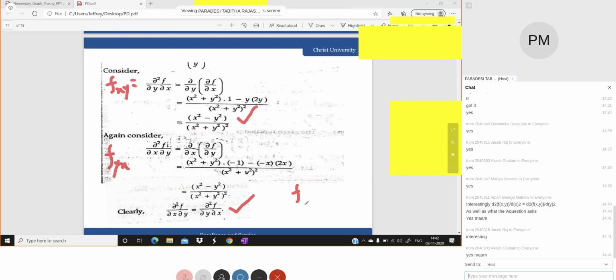And Arpan says fxx is the same as fyy. Yeah, you can check that too, those of you who finished. Is fxx the same as fyy? Yeah, some of them are confirming they're equal.